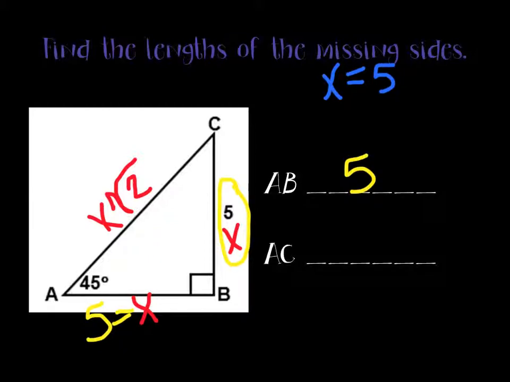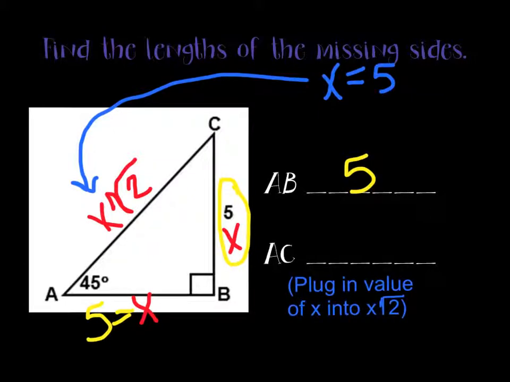Where else do we see an x on this triangle? Right here. What you need to do is plug your x value into the x square root of 2 side length. Please make sure you get this down.